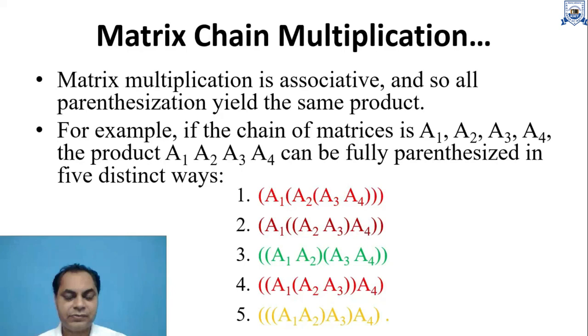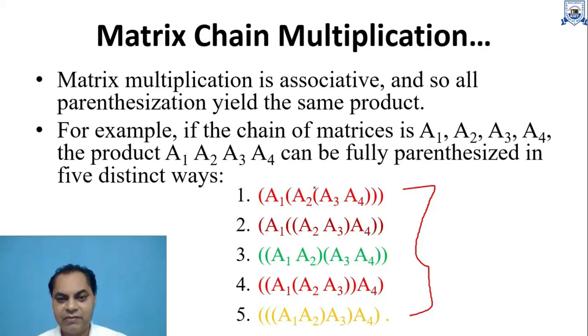Look at this. Matrix multiplication is associative, that means different parenthesizations would result in the same product. For example, let's say we have 4 matrices, and the product of the 4 matrices can be found by using these 5 ways. First of all, we can multiply A3 and A4, and when we get the product of A3 and A4, then it is multiplied with A2.